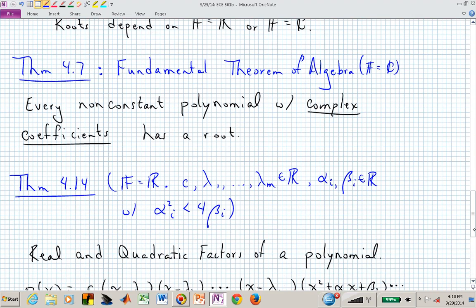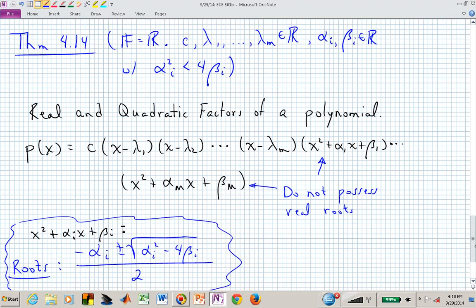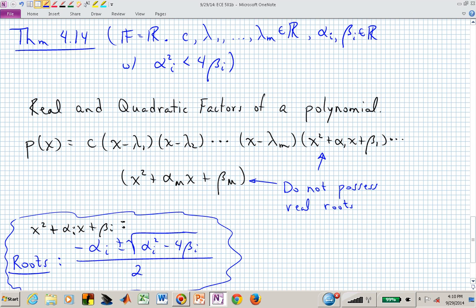Theorem 4.7, the fundamental theorem of algebra, where the field is the complex numbers, and then Theorem 4.14, reminding ourselves that there are cases where we may not be able to find roots of a quadratic that are real. Those quadratic roots might be complex. They may have a non-zero imaginary part, and so we can't go any further than that.